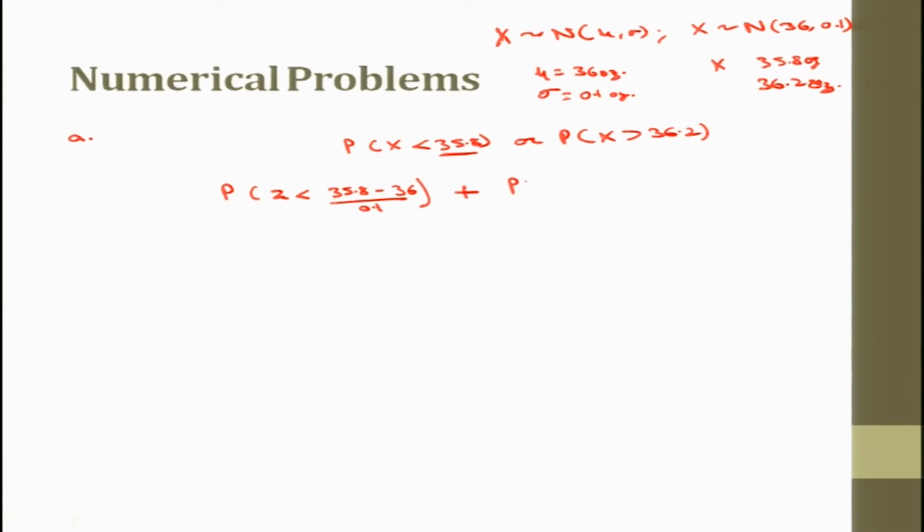probability of z, the value of the normal deviate, greater than 36.2 minus 36 divided by 0.1. This is equal to the probability of z less than 0.2 by 0.1 plus the probability of z greater than again 0.2 by 0.1.